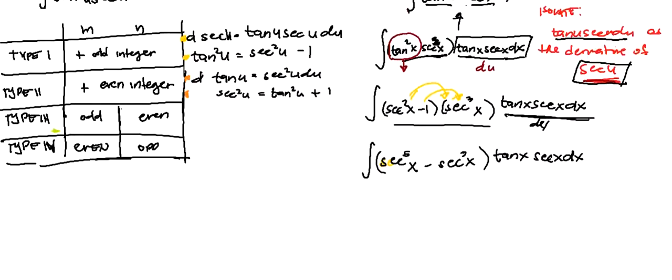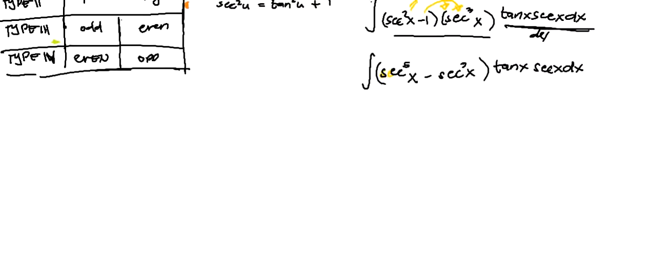Okay, so after that, we will simplify it further by multiplying this part on the secant raised to 5x minus secant cubed x.